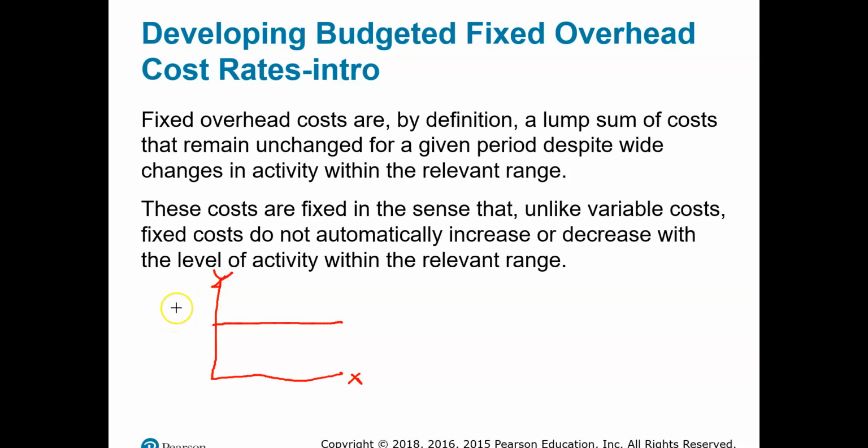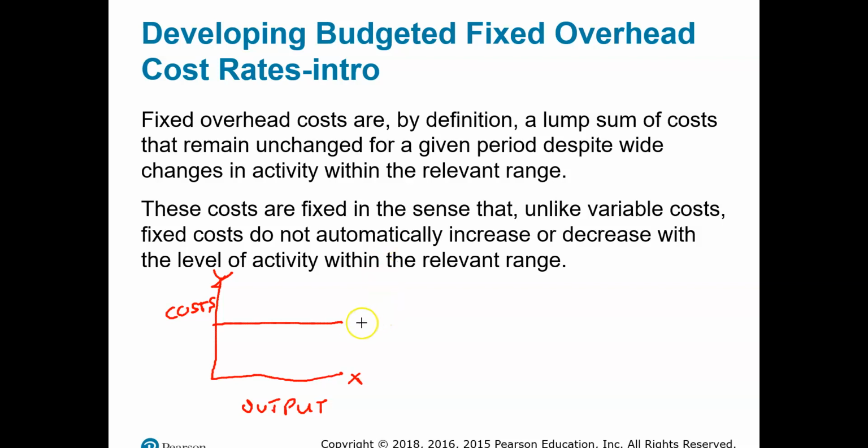And this is for actual costs, and we're talking about costs in total. Our x-axis would be output. So here, our fixed costs stay the same in total. They're not automatically increasing or decreasing with the level of activity as long as they're in the relevant range.